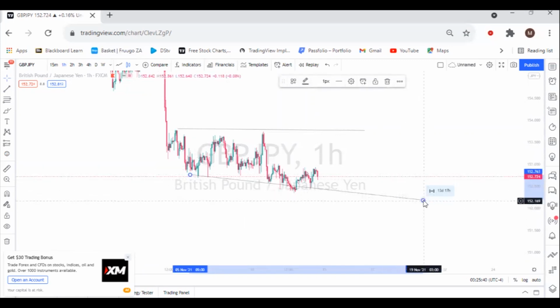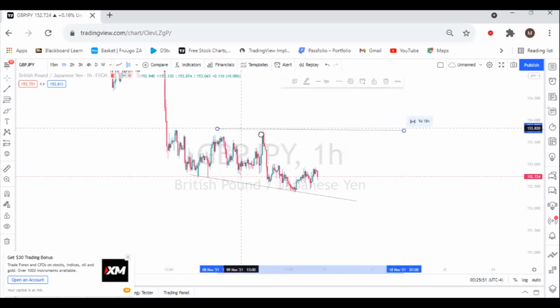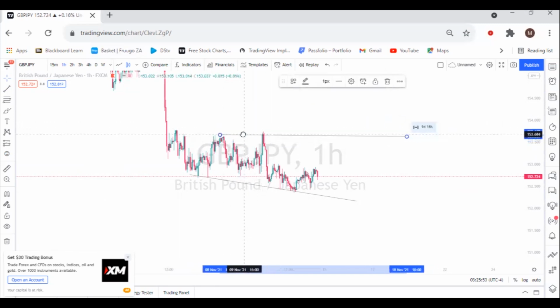So far we can say we have two touches. We can start from here. We can consider this as our first touch, and then our middle touch, or the second one. Now we're anticipating the third one.